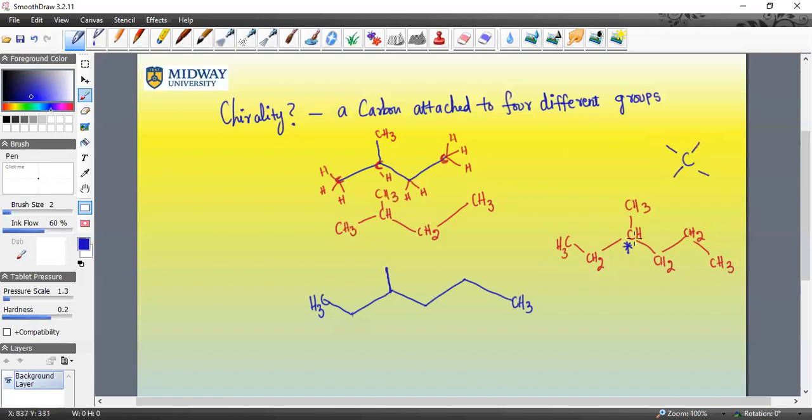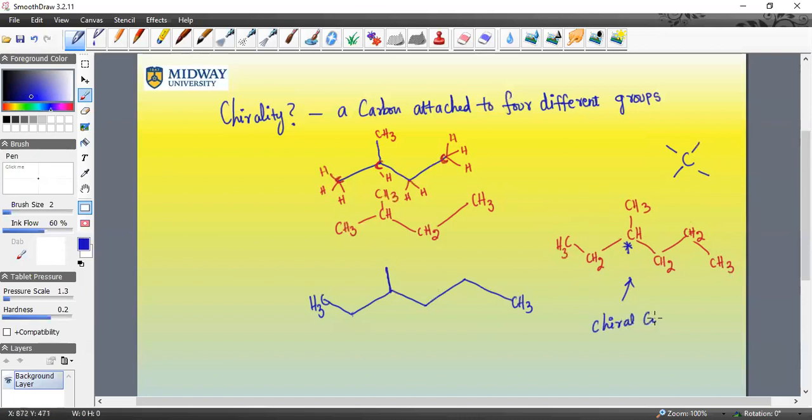If they're all different, then yes, it's chiral. If not, it's not chiral. So there is only 1 chiral carbon in this entire molecule. Whether a compound contains 1 chiral or 2 or 3 chiral carbons, if it contains a chiral carbon, the molecule is called a chiral compound. So this is a chiral compound.